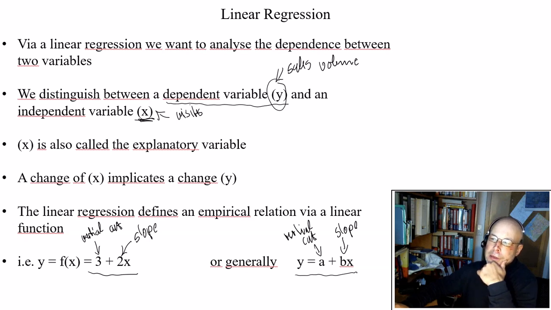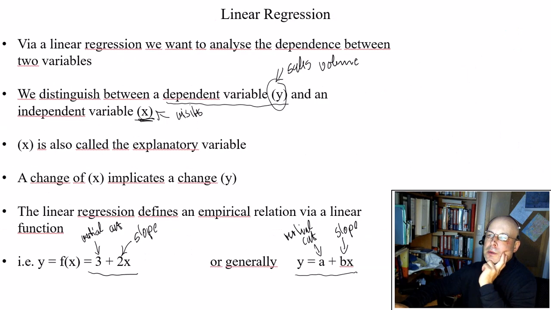And then you just have to estimate the slope. So what would be the increase of my profit Y if I increase my number of employees by 1? And of course, a linear line is defined by the slope and the cutting point of the vertical axis.